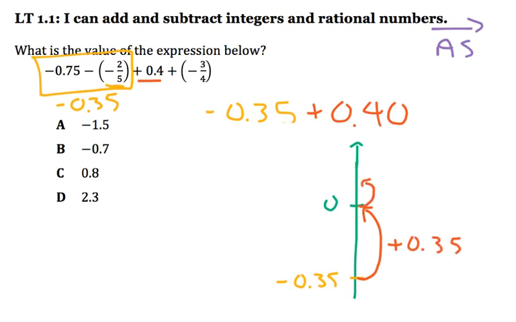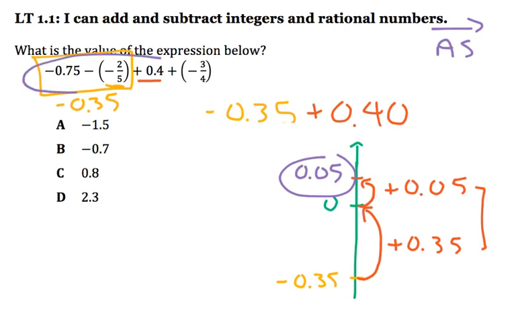And then all that's left is going to be 5 hundredths, because those two together add up to 40. So our ending spot is 5 hundredths. Alright, so that's the answer now to this whole first part. That whole first part is the same as 5 hundredths.